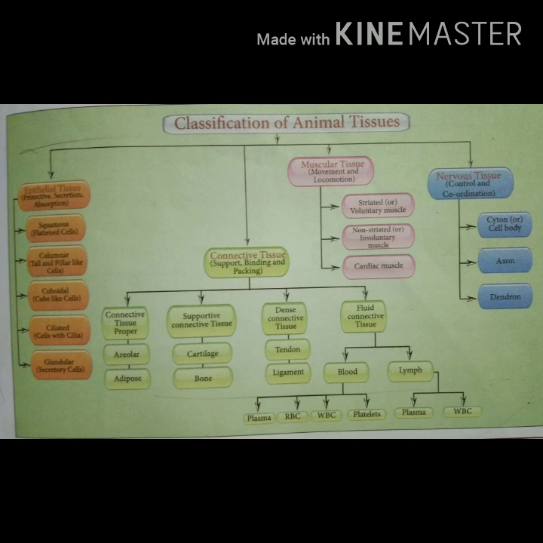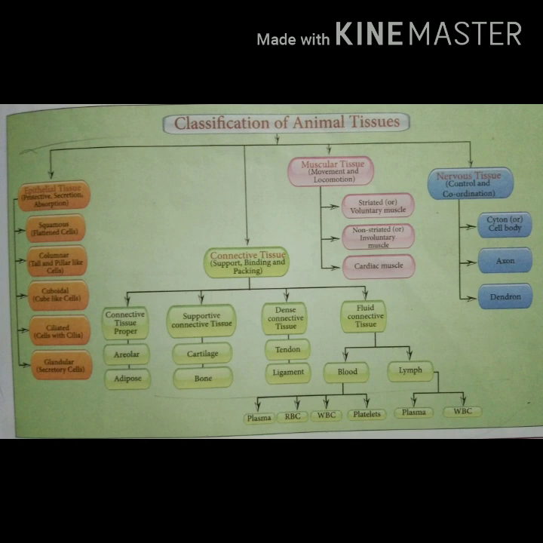Then the fourth, the fluid connective tissue, in which we had seen the blood and the lymph. In the blood we had seen plasma, RBC, WBC and platelets. Then in the lymph we had seen plasma and WBC.